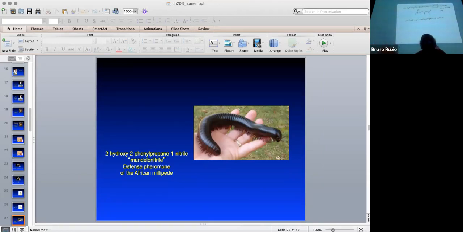So this is a nitrile, and I think maybe we said last time how mammals have an enzyme that clips the cyanide group off of a molecule. And so if a mongoose or something eats an African millipede, pretty soon that mongoose is going to have cyanide running around inside its body, and it's supposed to learn from that bad experience. Don't eat any more African millipedes, right? So this is a defense pheromone.